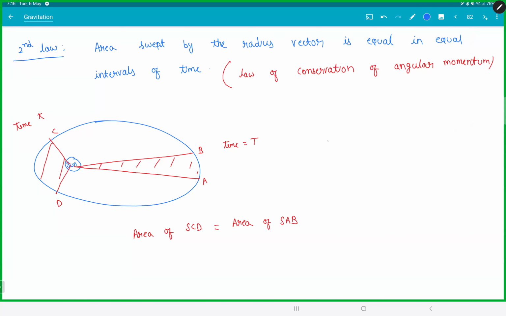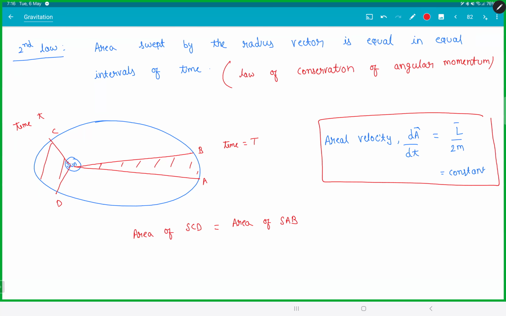You can remember this: the areal velocity, that is the rate of change of area, the area covered per unit time, is L by 2m. And the angular momentum is constant about the sun. So this is the proof of Kepler's second law. Like I said, this is an observation, but we can prove it.